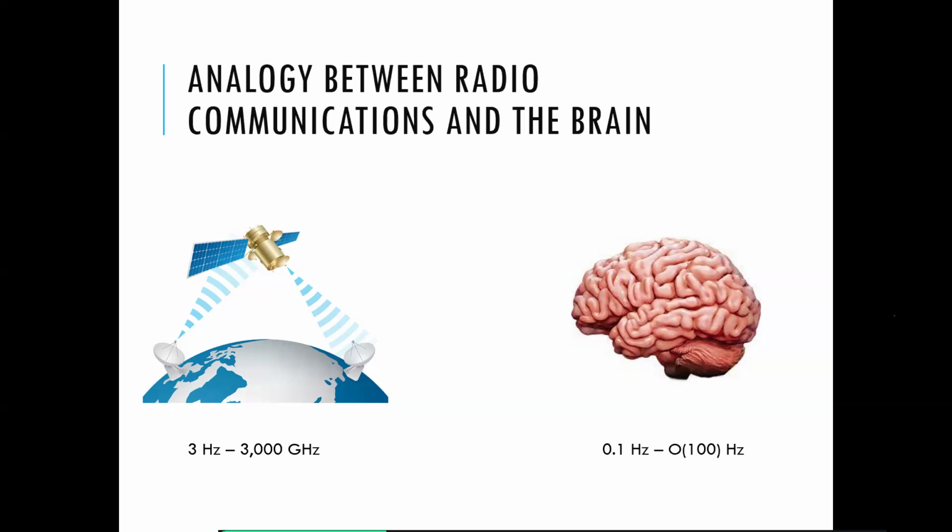Similarly in the brain, all communication happens between two frequency bounds, like 0.1 hertz and a few hundred hertz. If it is less than 0.1, the wavelength might become much bigger than the brain size. Whereas if it is very high frequency, then maybe there's too much loss in the brain's medium.